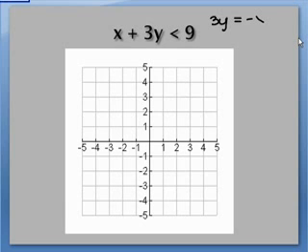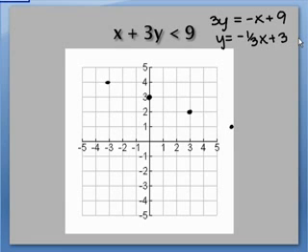So it'll be negative x plus 9. And then we want to divide by 3. So we get negative 1/3 x plus 3. That tells us our y-intercept is 3. Our slope is negative 1/3, so down 1 to the right 3, or up 1 to the left 3.